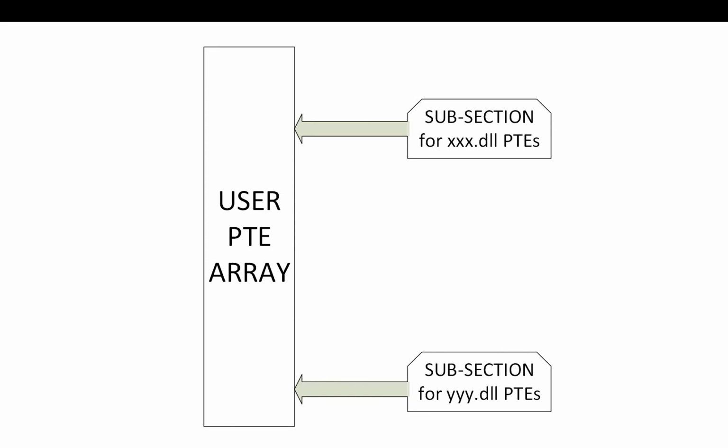A VAD PTE will be put in there, and that tells the memory subsystem that this is a valid address, and it can be looked up in the VAD, and the VAD will have information about the subsection and or the control area for the backing store. In this case, we have 2 DLLs, and we'll see later what this means. So the user PTE array will have pointers to the subsection.